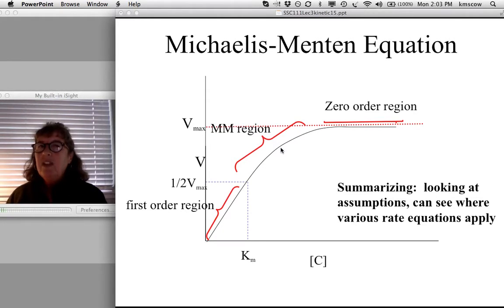And that's where you need to use the full-blown Michaelis-Menten equation to predict the rate. But people don't like to do that because it's got too many parameters, and it's much easier to use these simplified forms of the Michaelis-Menten equation. Particularly people like to use first order because the shape is kind of forgiving, and we'll describe a lot of different kinds of shapes that people might measure in nature.